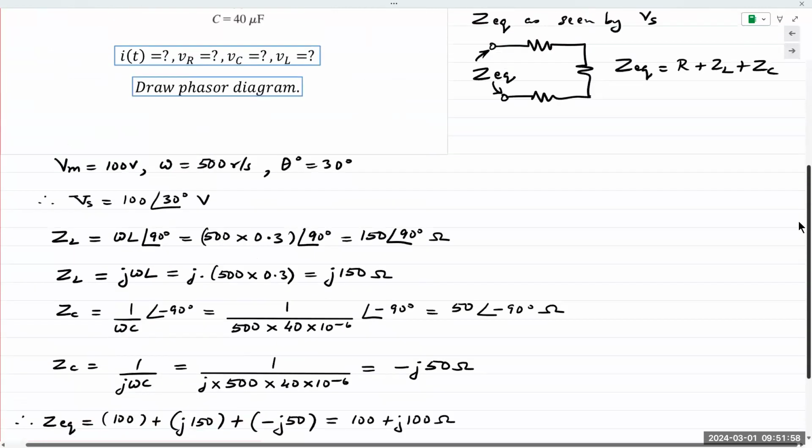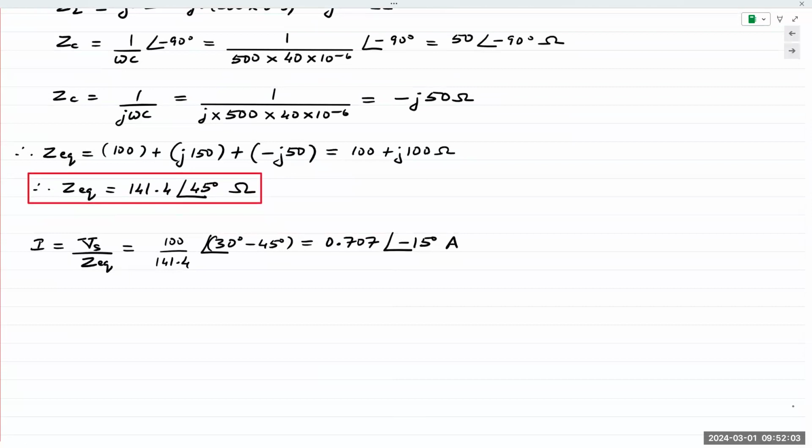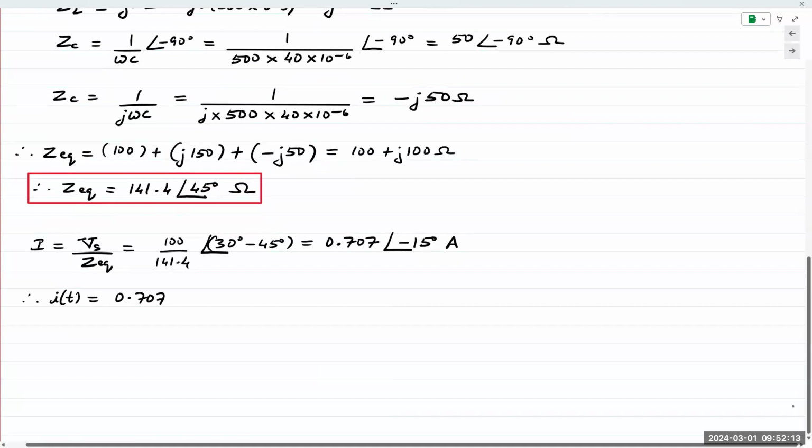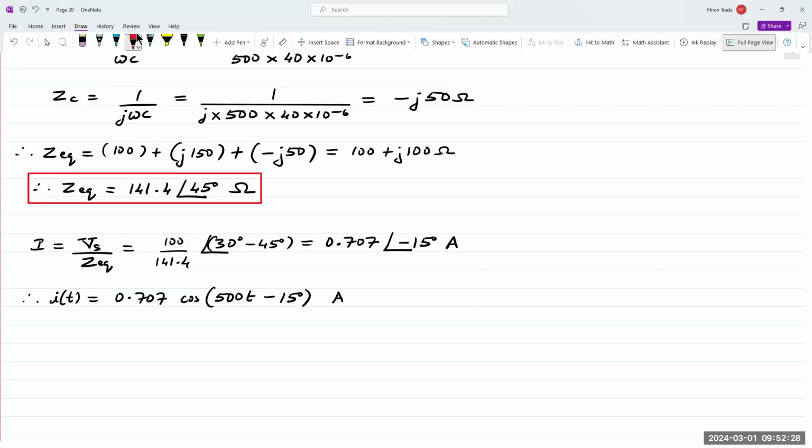Since we are asked for the time domain expression for i(t), I will write i(t) is equal to a peak value Im of 0.707 cos of 500t minus 15 degrees, and of course amps.